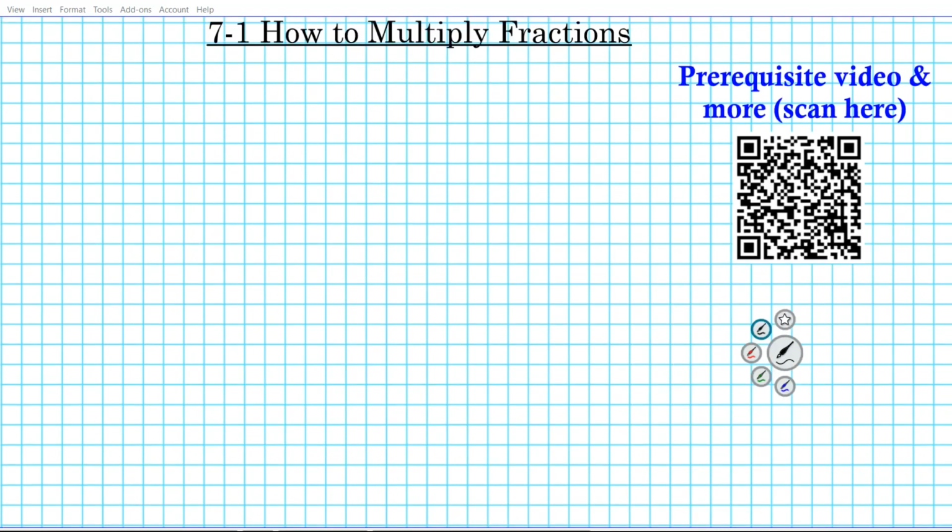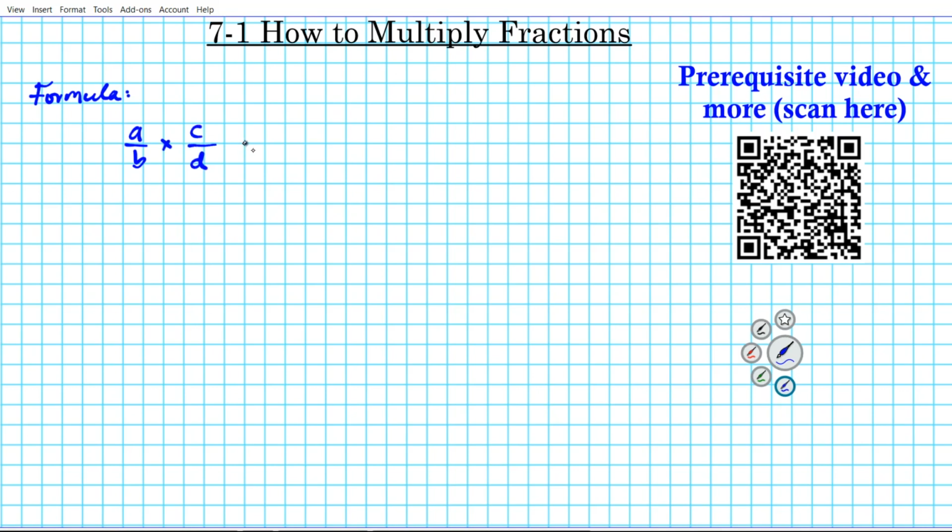Alright, to get us started, we're going to write down the formula that's going to be guiding our problem solving process. So the formula for multiplying fractions is as follows. If you have a fraction a over b being multiplied by another fraction c over d, the rule is as follows.